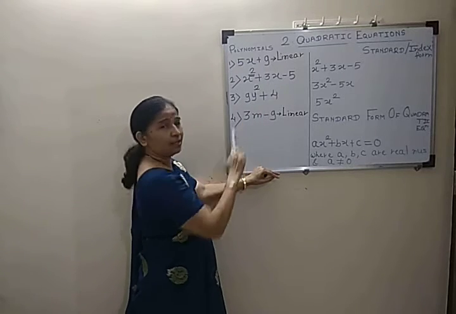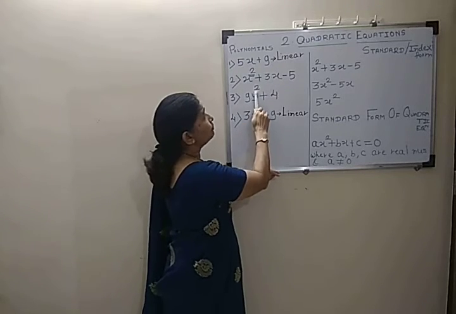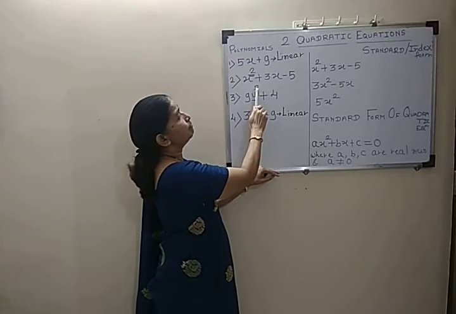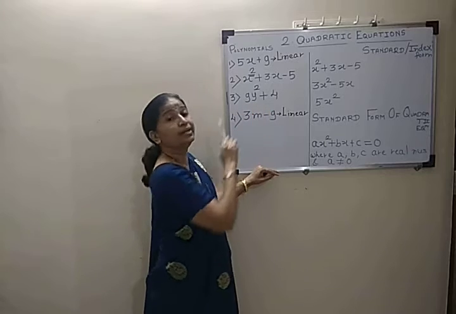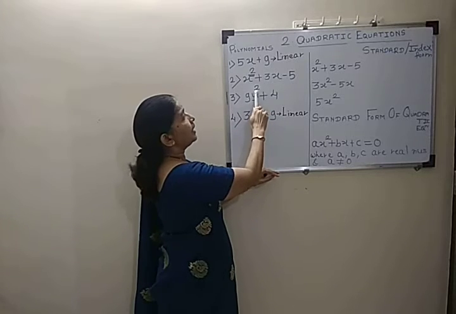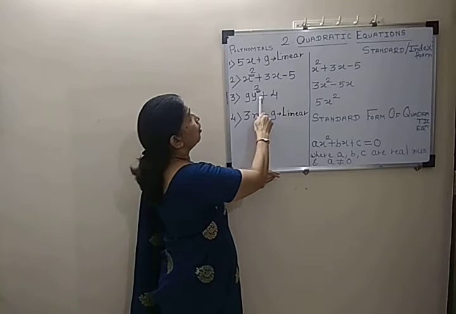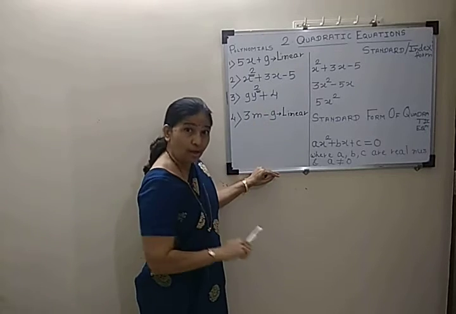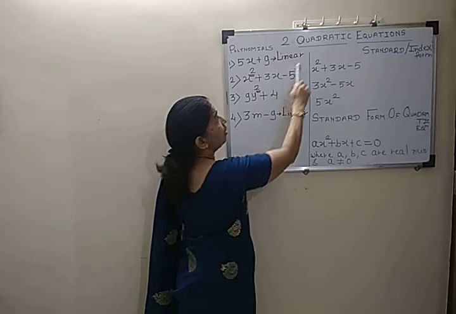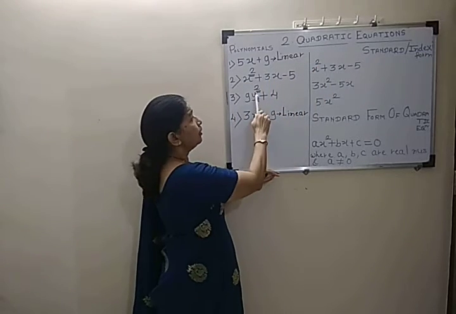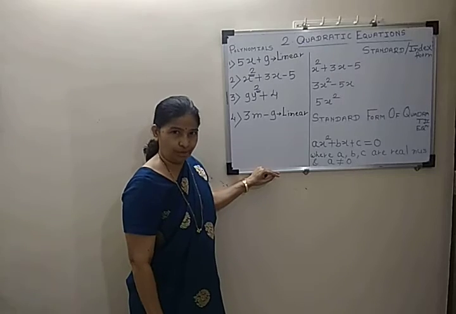Same case here. If you are observing the degree, meaning highest index, then the highest index is 2 here. So, I will call this a quadratic polynomial, not a linear polynomial.